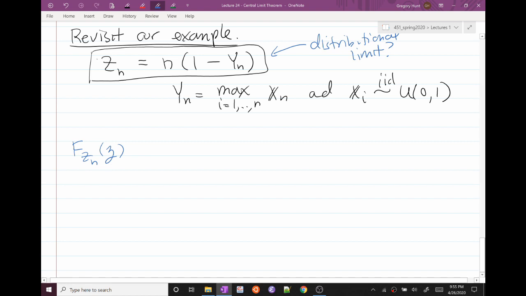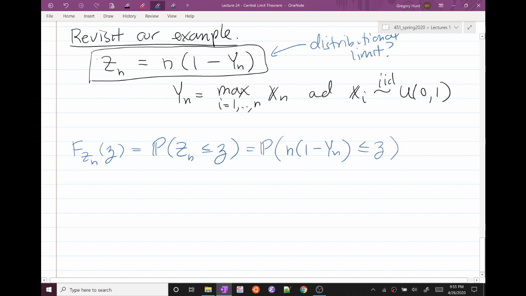So F of z sub n at little z is the probability that z sub n is less than or equal to little z. And we defined z sub n as n times (1 minus y sub n), so we can substitute that in.